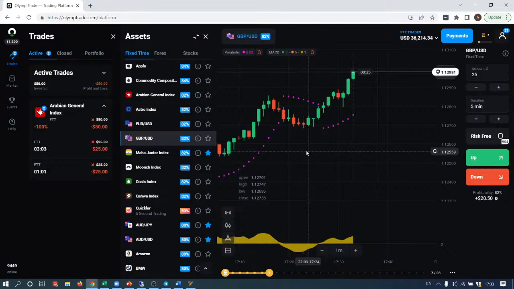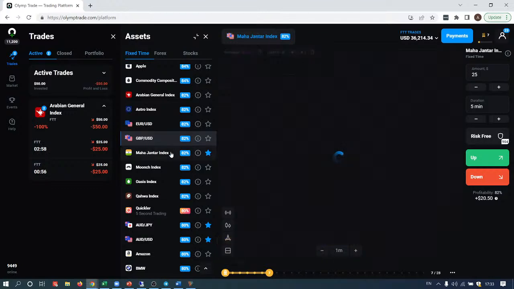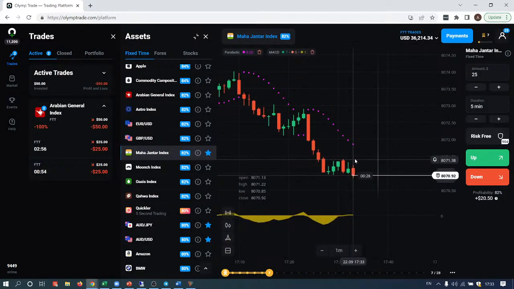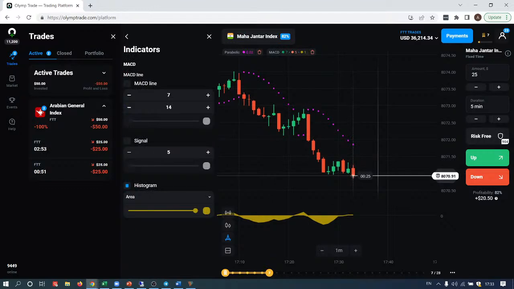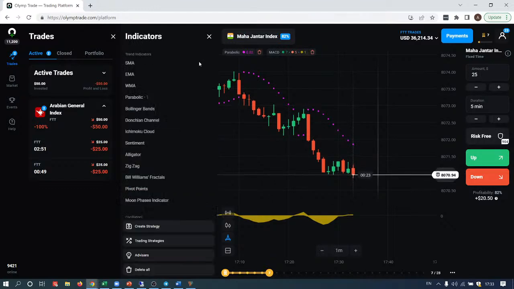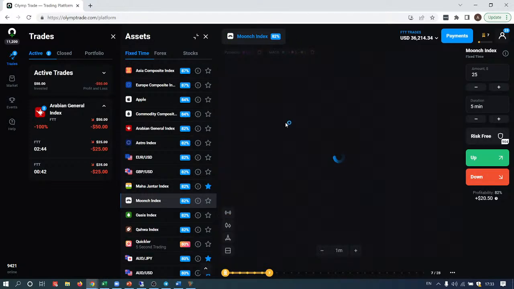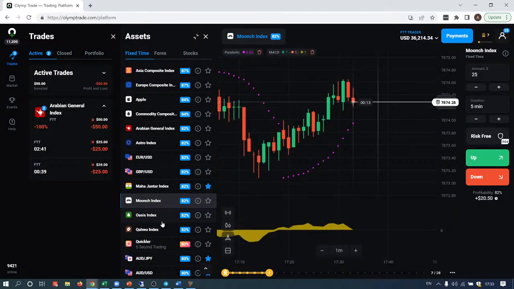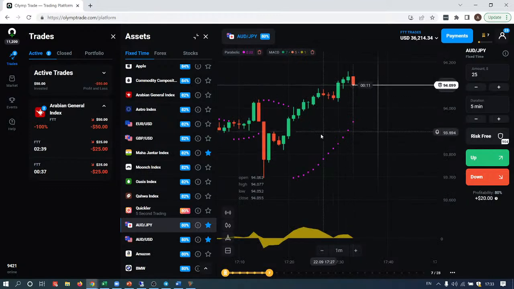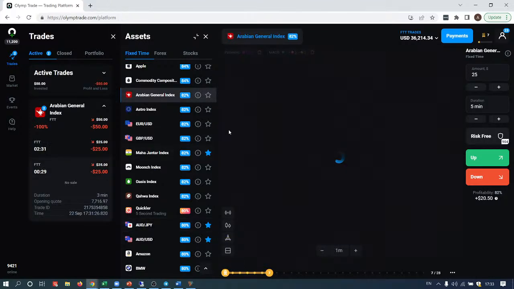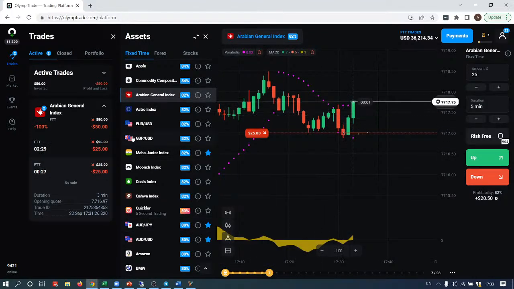What setting can be used in MACD for 1 minute time frame? Well, I would say pretty much the same I have. I do have 7, 14, and 5 like this, but when it comes to 1 minute trades, the concept of technical analysis was originally designed and developed for long-term trades, trades that would go on for days, weeks, and maybe years.